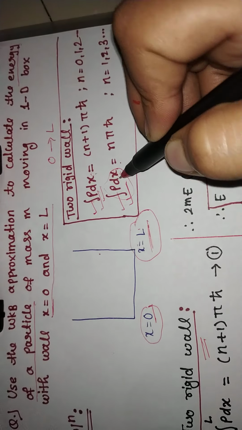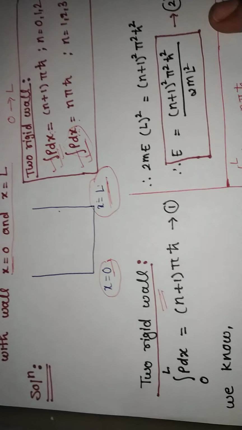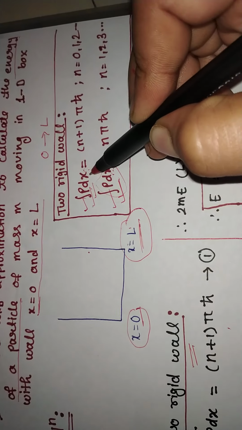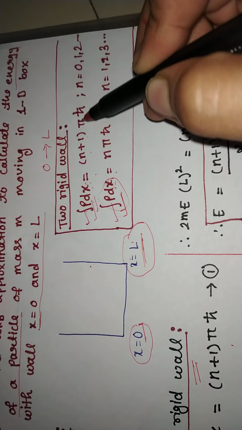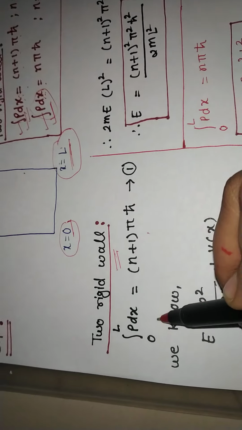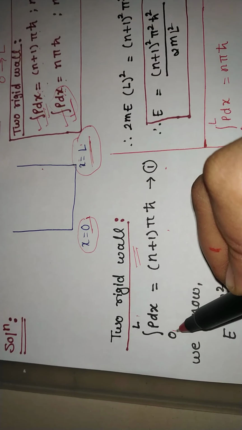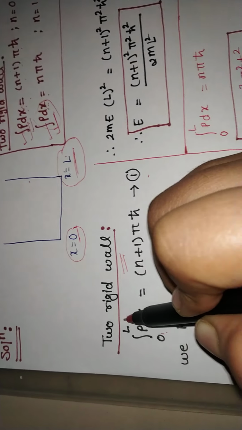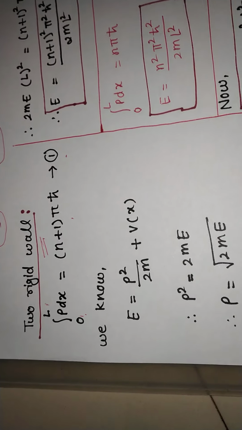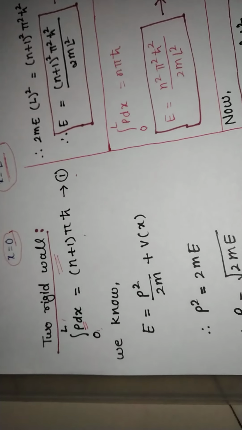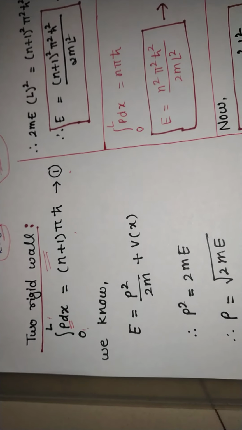So let's start. The first formula is the integral of p dx, which equals n plus 1/2 times pi h cross, and here the boundaries are x1 equals 0 and x2 equals L. To solve that we need the value of momentum, which we get from the total energy formula.